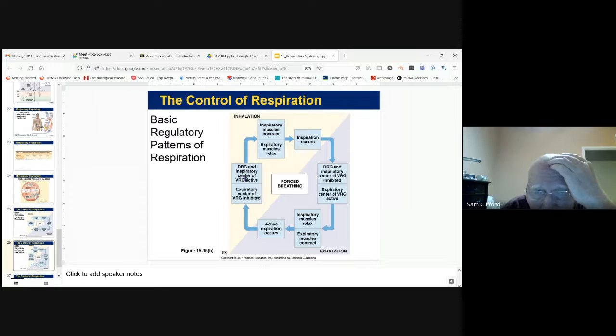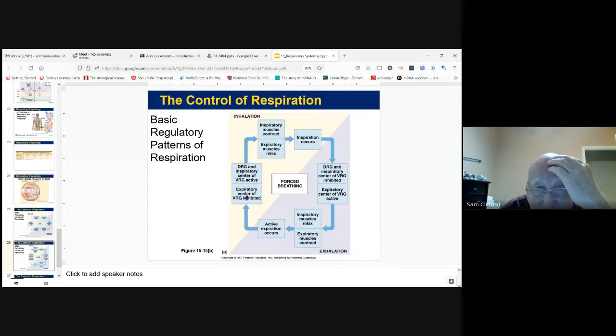So you have this dorsal respiratory group in the inspiratory center, and you have these two dorsal and ventral respiratory groups. So if you're going to have forced breathing, you have to have the diaphragm as well as the rest of the inspiratory muscles contracting. And so you can have inspiration, and then the dorsal respiratory group in the medulla oblongata is inhibited, and then inspiratory muscles relax, and expiratory muscles contract, and you have active expiration.